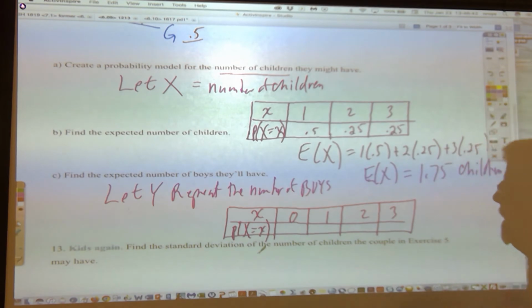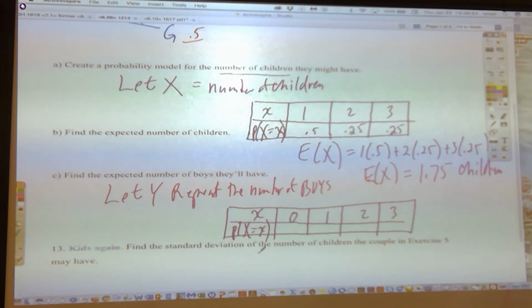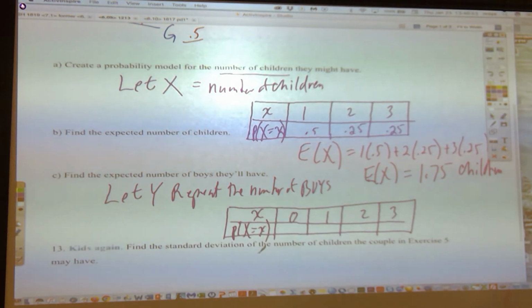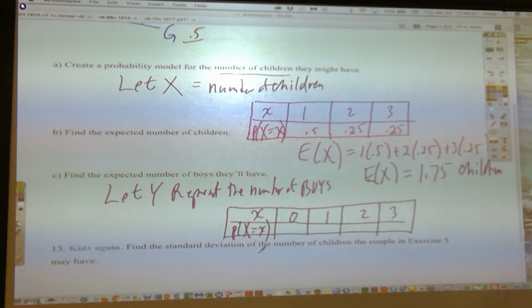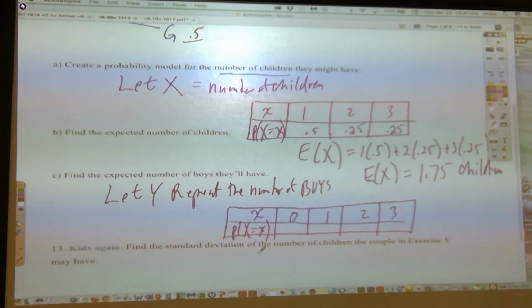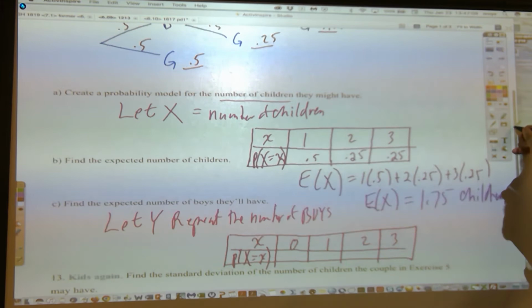Class, go ahead and fill in the table and do the calculation. Okay, 0 boys.